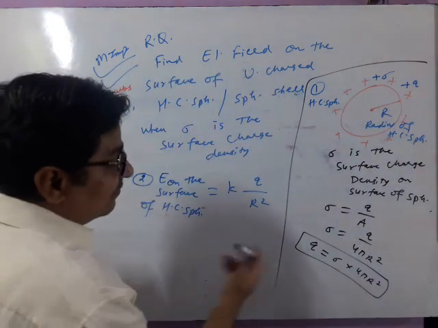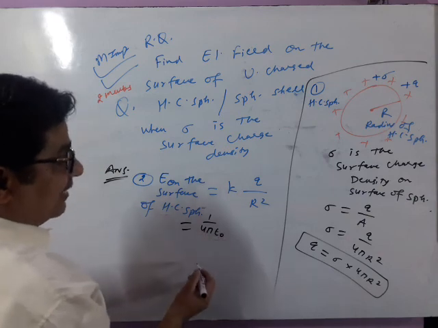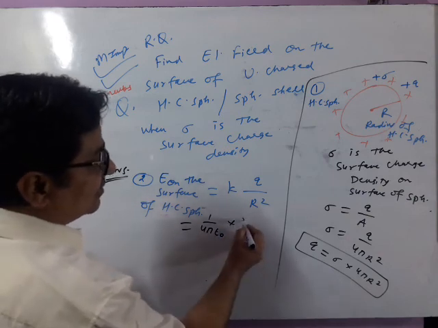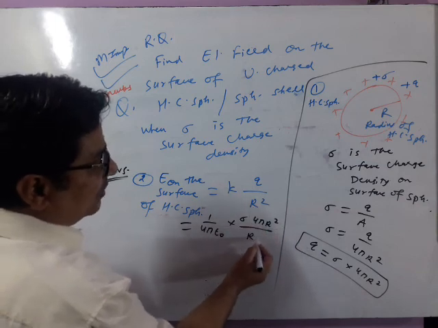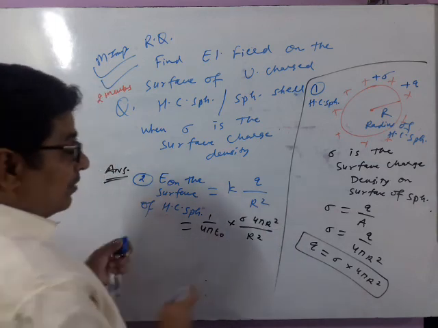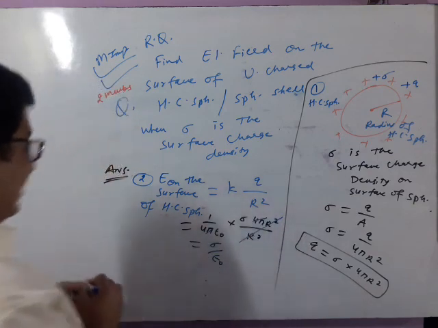Now input the value of q. K is Coulomb's constant 1 by 4 pi epsilon naught. Q is sigma into 4 pi R square and upon R square. And R square cancelling, 4 pi cancelling, it is sigma by epsilon naught.